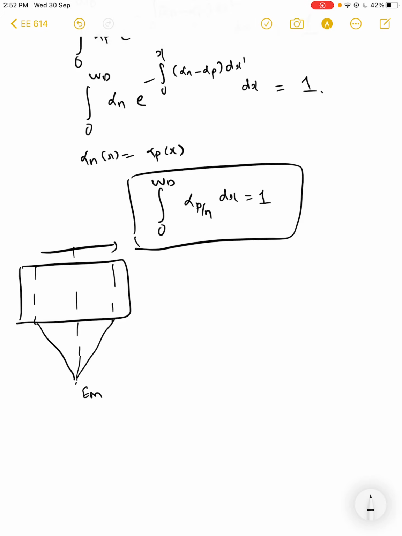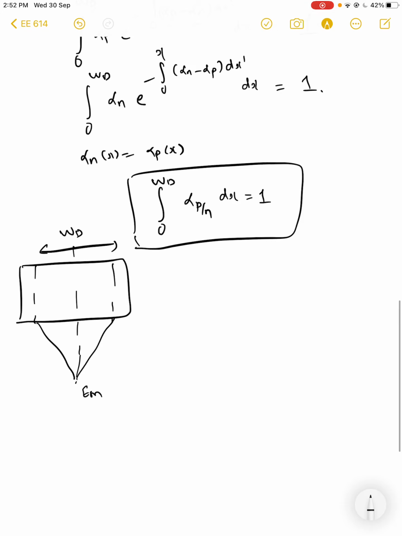And if this is the depletion width which causes breakdown, I'm going to call it WDM, maximum, EM being the maximum electric field. The potential which is required to break down, call it V breakdown, is basically an integration of this triangle, just the area under this triangle, which will turn out to be EM WDM by 2. Okay. So this is the potential which is required to trigger the avalanche breakdown.